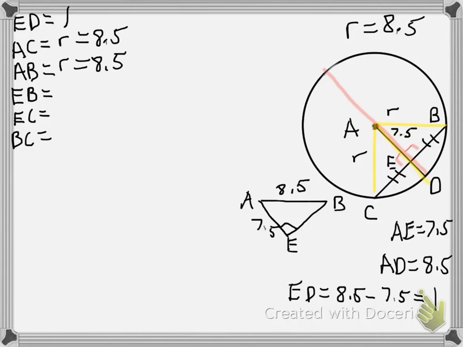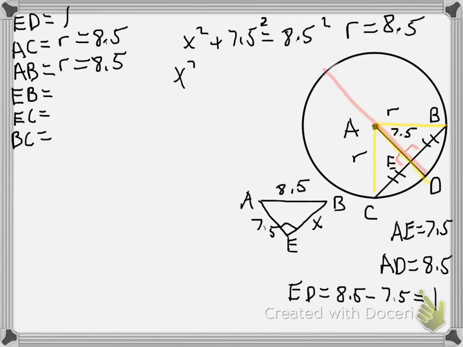So let's do some Pythagorean theorem. I'm going to call EB x. So I know that x squared plus 7.5 squared is 8.5 squared. Okay, I'll do some number crunching here.